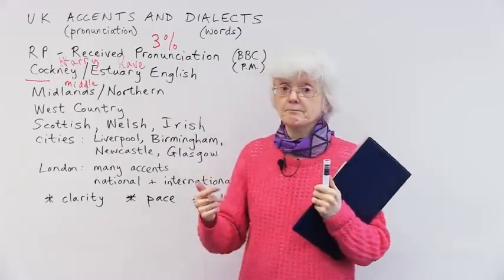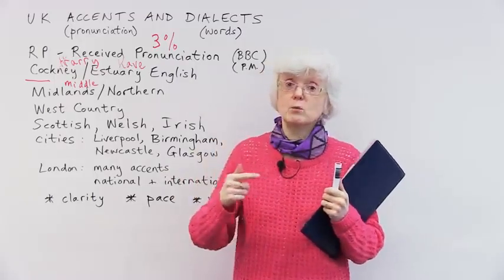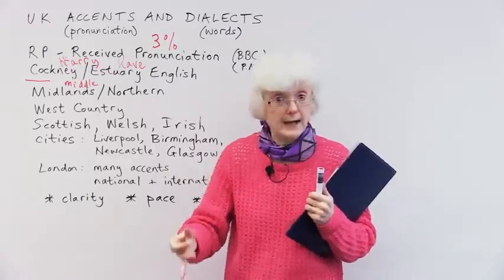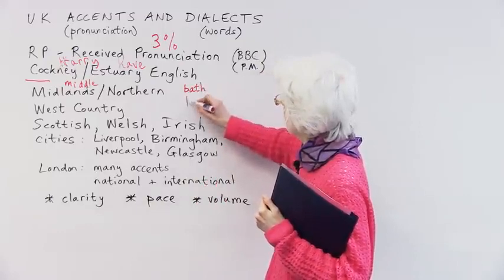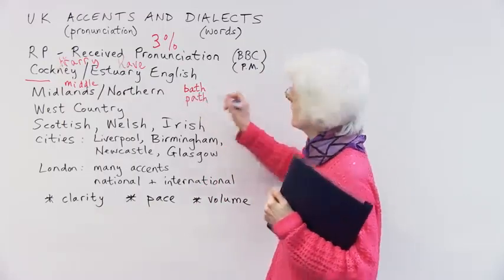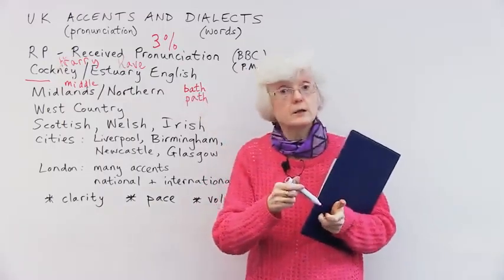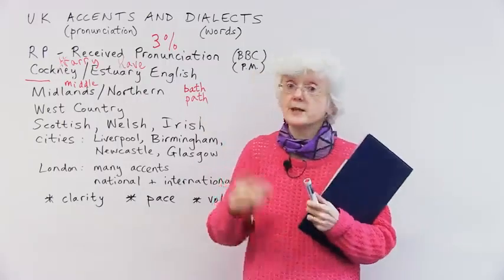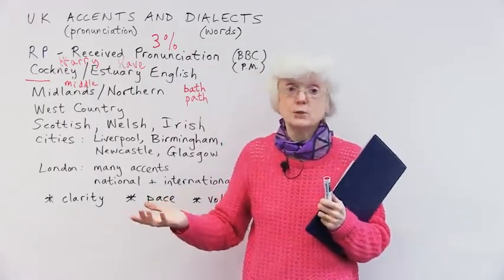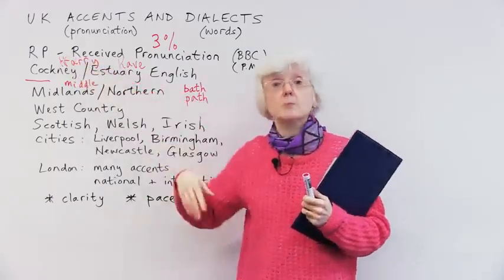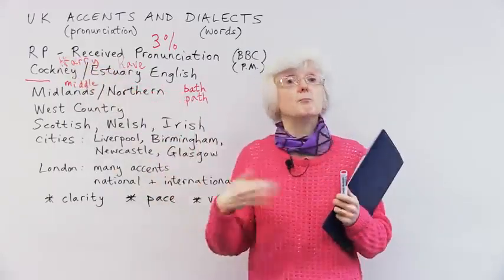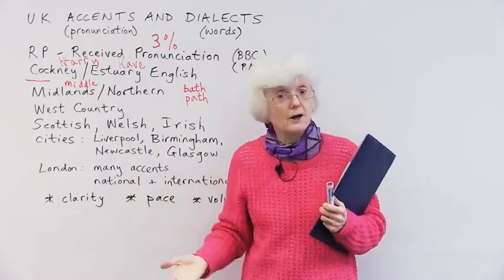For example, I still say words like bath and path, which is the same as the American and Canadian pronunciation. Lots of people say bath and path. But the RP pronunciation of these words is bahth and pahth.